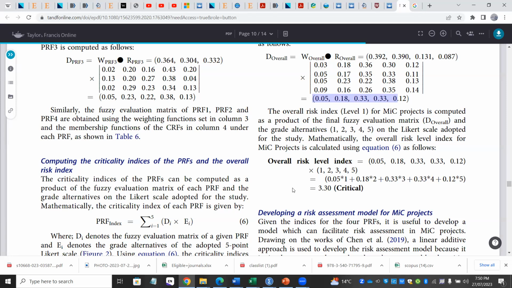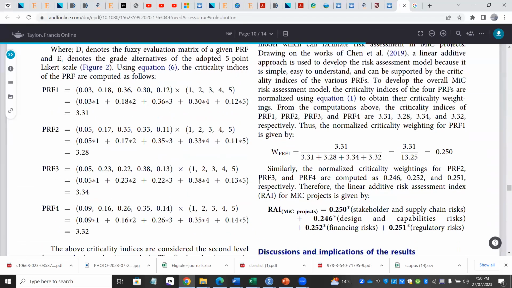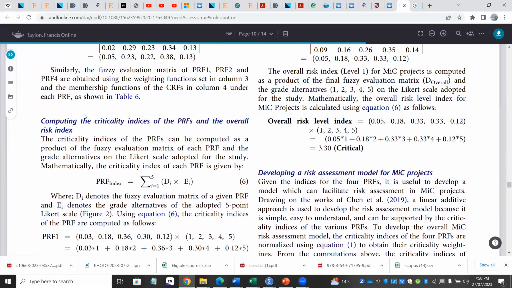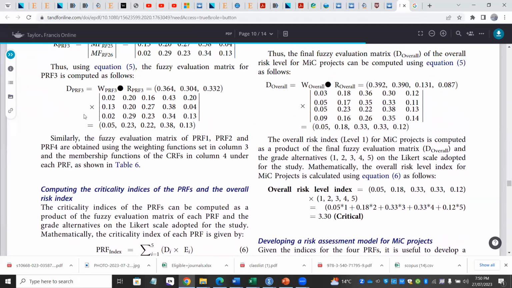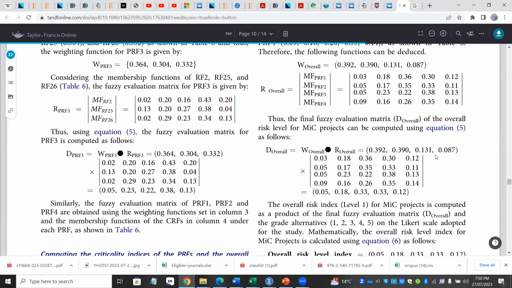Okay. Any of them, or you can also decide to use these ones. If you are going to use the criticality indexes of the groups, you have to multiply the criticality indexes of the groups by their total weightings. That's the group weightings from Table 5, the last column, which is this one.